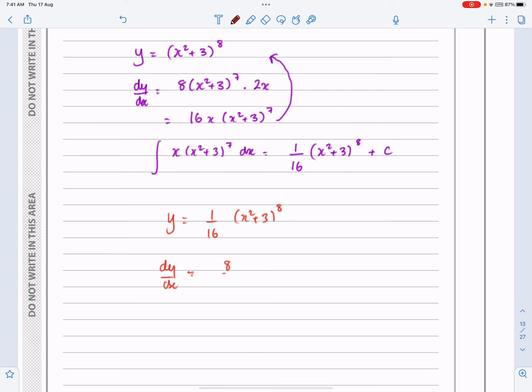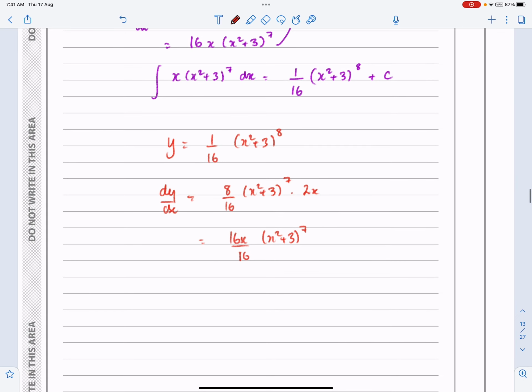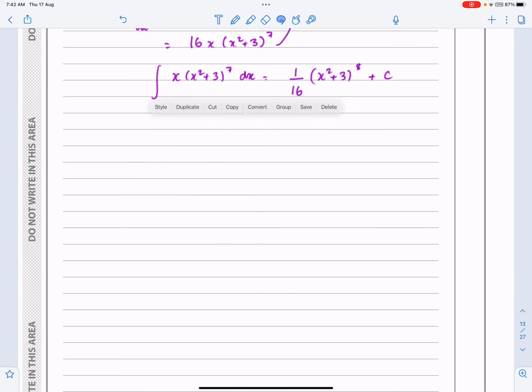It becomes 8 over 16, x squared plus 3 to the 7, multiplied by the differential of x squared plus 3, which is 2x. That gives me 16x over 16, x squared plus 3 to the 7, which gives x squared plus 3 to the 7. I am not advocating that you do that at any step. We haven't got time in an exam to do that. It's just because I've got the chance to prove it to you here. Don't waste your time with that in the exam.